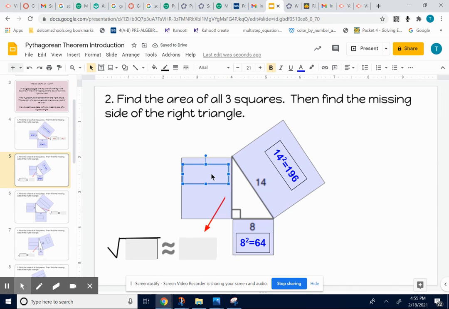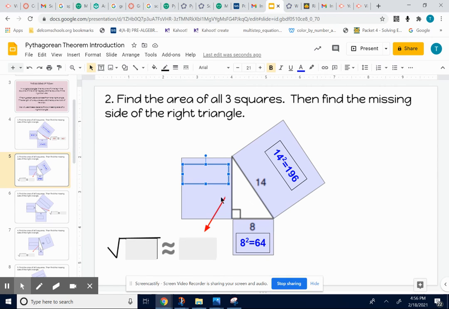And now I can actually find this missing square, because I know that the squares of the legs add up to the square of the hypotenuse. I have the square of the hypotenuse, and I have the square of one of the legs.